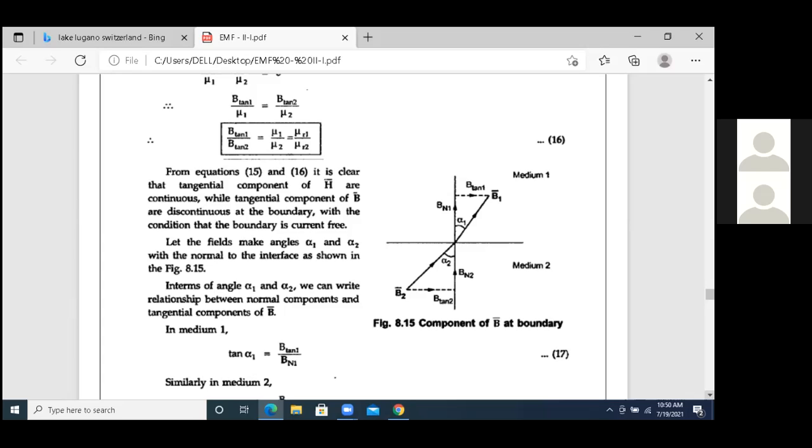Now, if you draw the similarity with the magnetic field and say you're going to call H for E and B for D, it would flip.